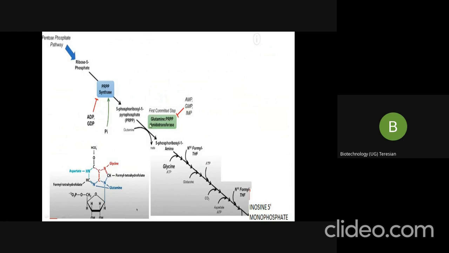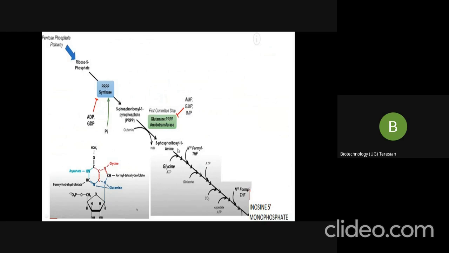This is the first committed step, wherein you can see that your glutamine is converted to glutamate.